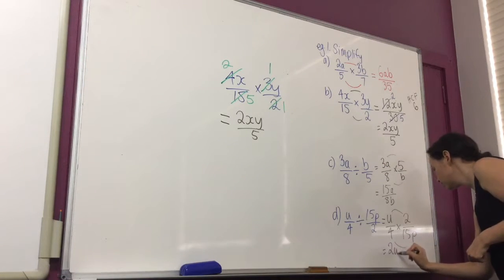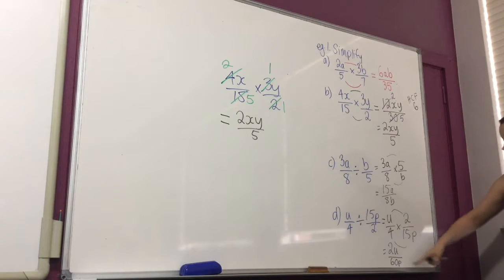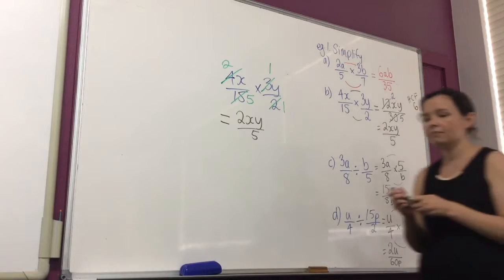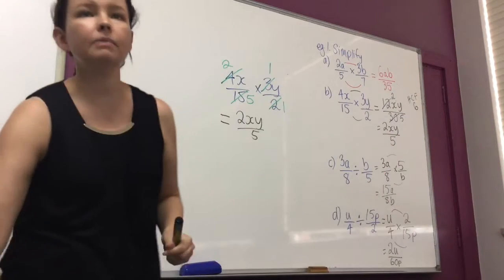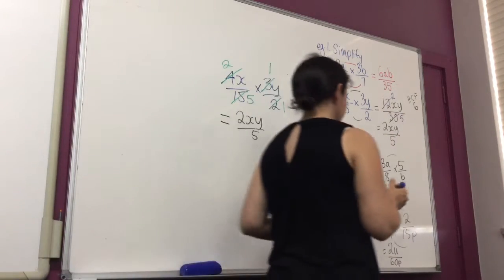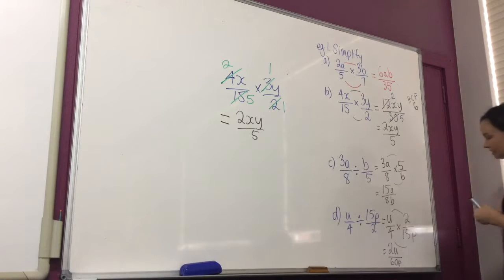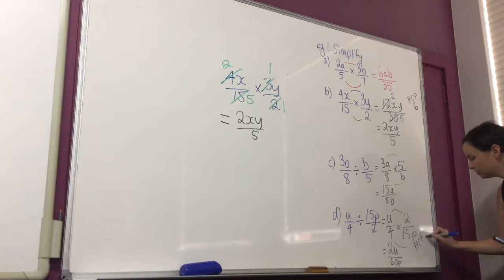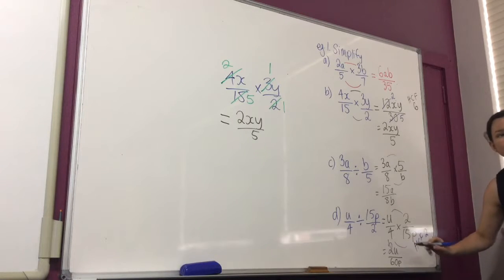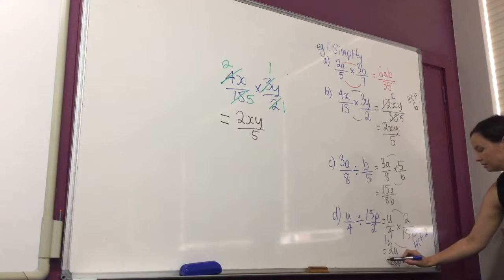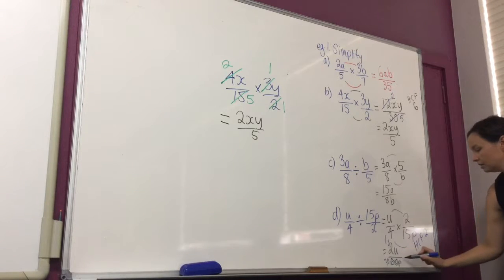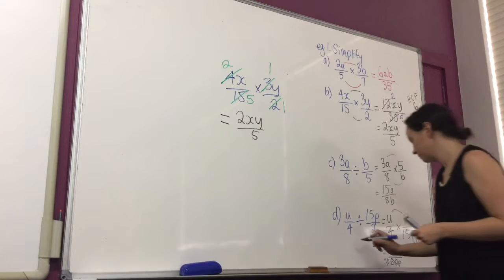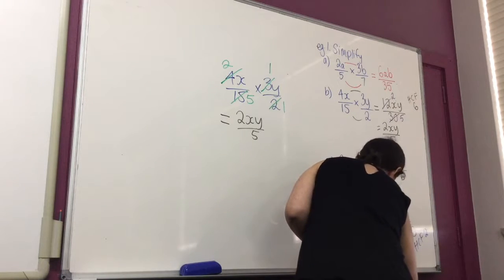So 2u over 60p. 2 and 60, do they have any common factors? Yes. What are they? The highest common factor is 2. 2 divided by 2 is 1. 60 divided by 2 is 30. So the answer is u over 30.